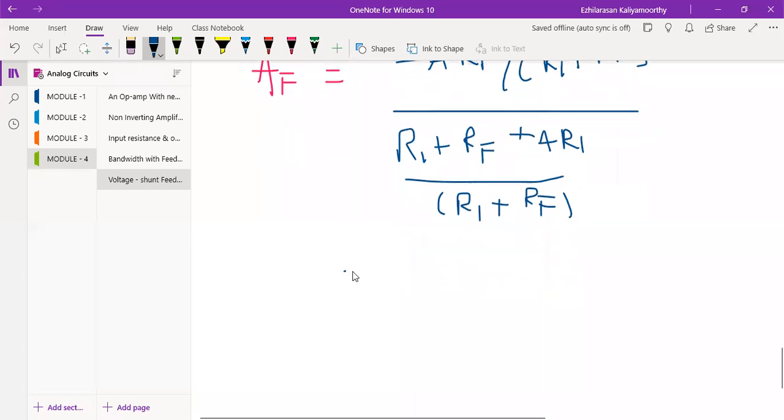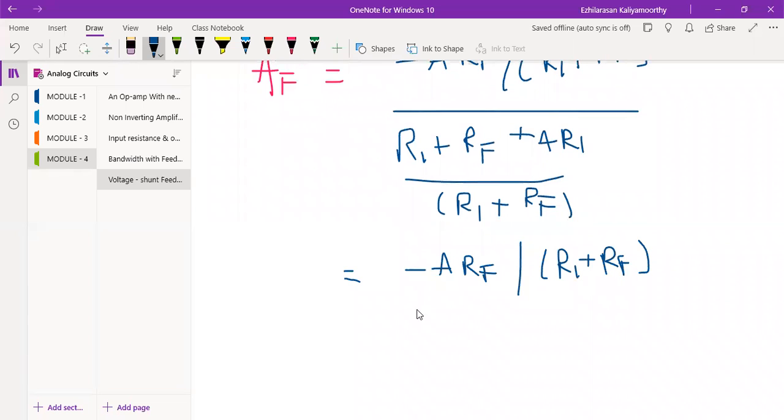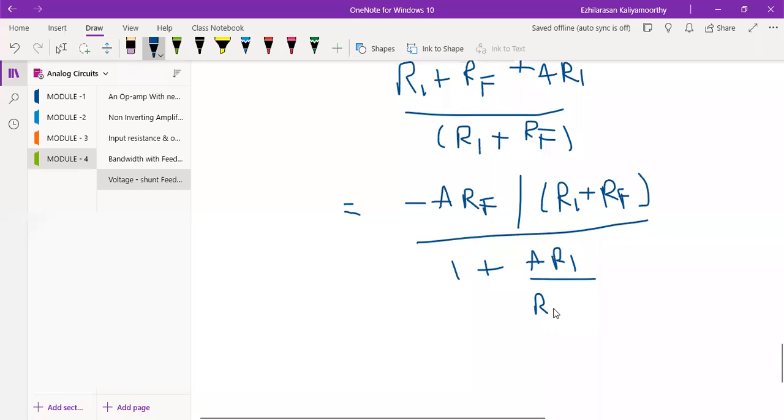Now do the simplification. So what will we get? Minus ARF divided by R1 plus RF, divided by 1 plus, because R1 plus RF will get cancelled, AR1 divided by R1 plus RF.